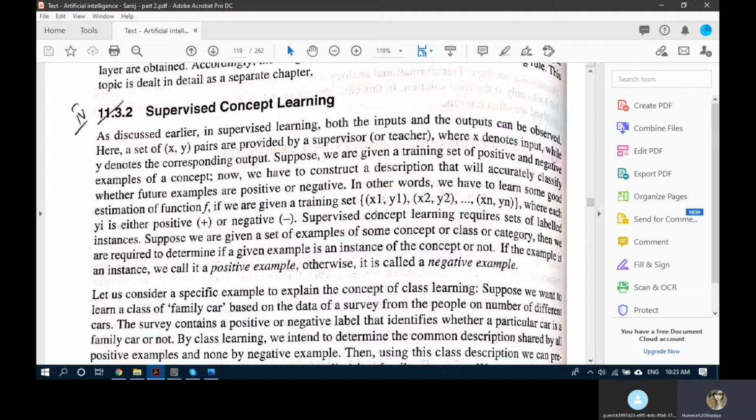So that is what is given in this. You have x1 y1, x2 y2, and xn yn. This is a combination where x denotes the input and y denotes the output. If we say that this x is punctuality, regularity, and if a student is punctual, result is pass.